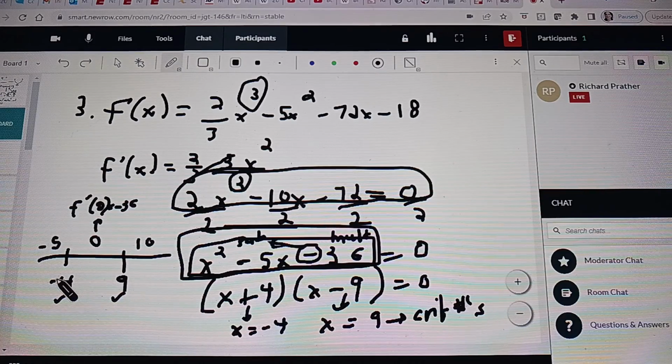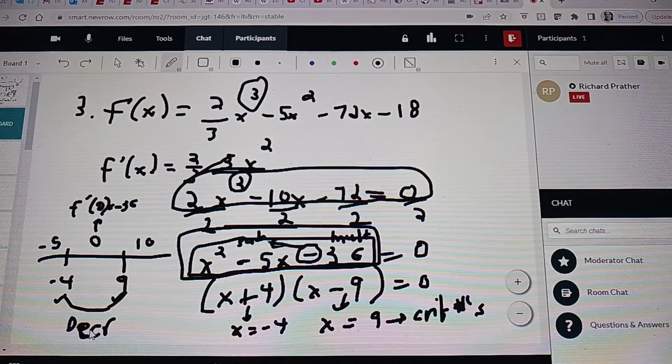We don't really care about the 36. So everything between negative 4 and 9 is decreasing in the original graph. The original graph is decreasing everywhere between negative 4 and 9 because the derivative is negative in that section. And you can't switch from negative to positive unless you hit 0 at some point.